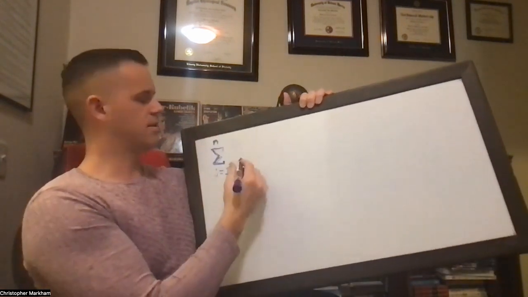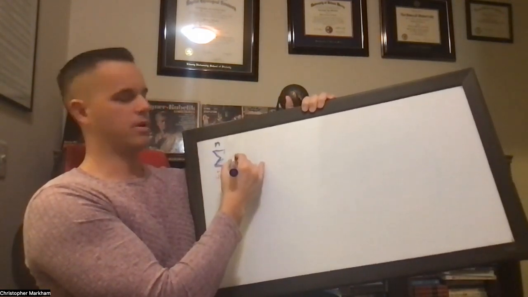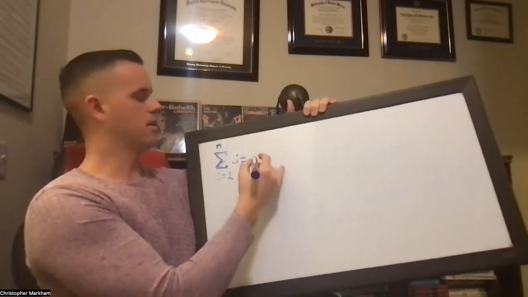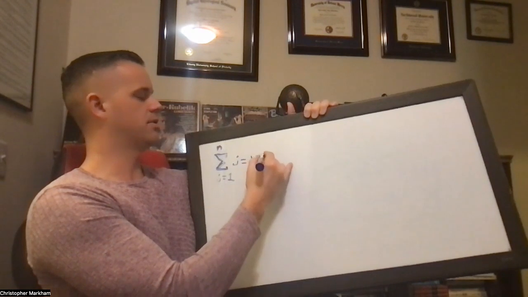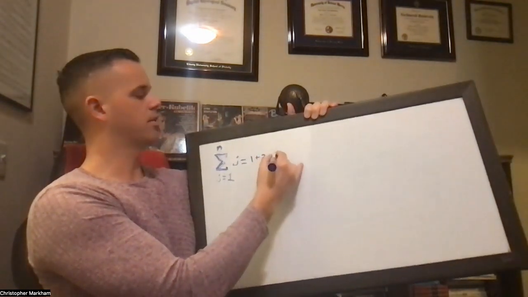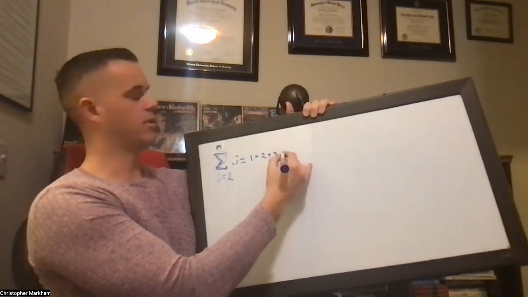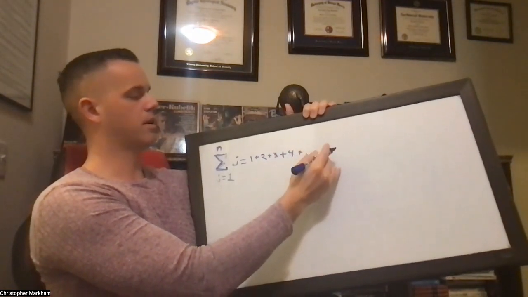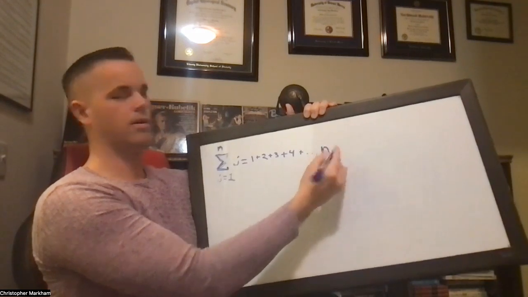So for this, we would write the expression that j equals 1 plus 2 plus 3 plus 4 plus so on and so forth, up to n.